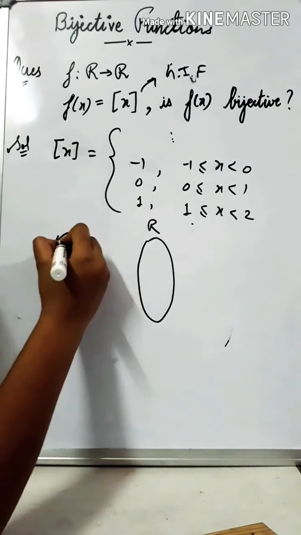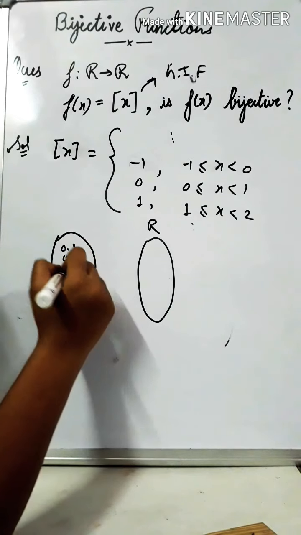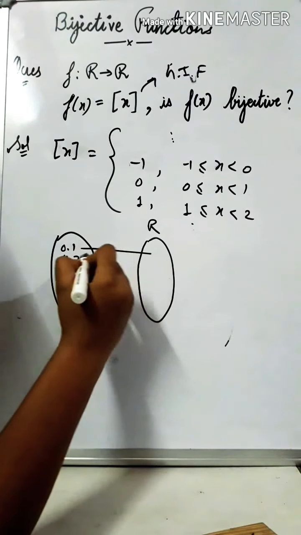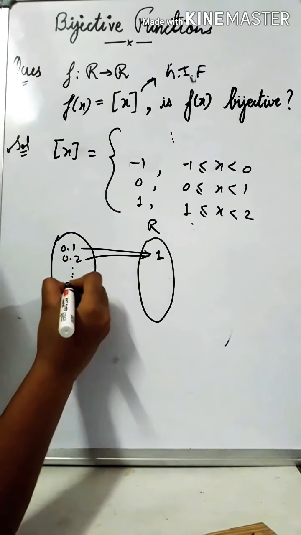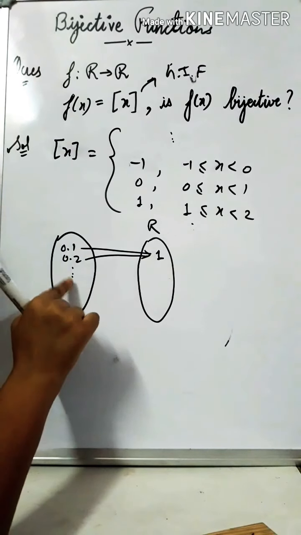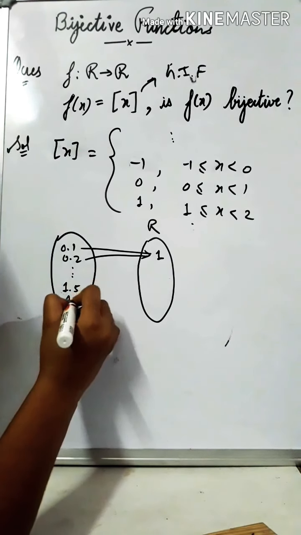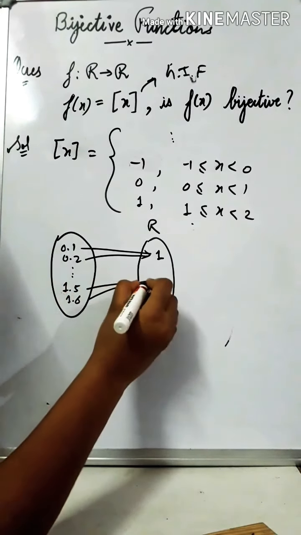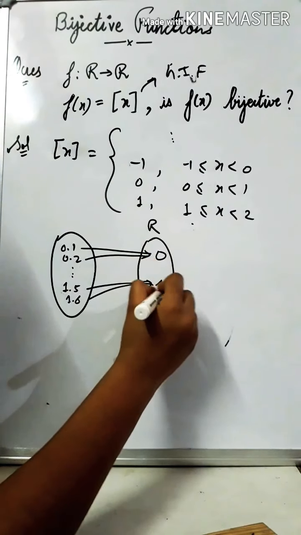Integers. So you see, suppose 0.1, 0.2 and all of them are mapped to 0. Suppose let us say 1.5, 1.6, all these are going to be mapped to 1.